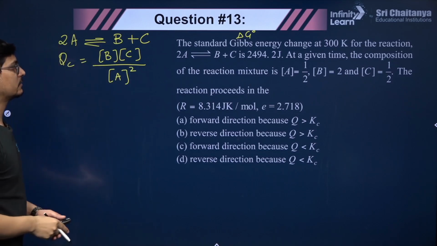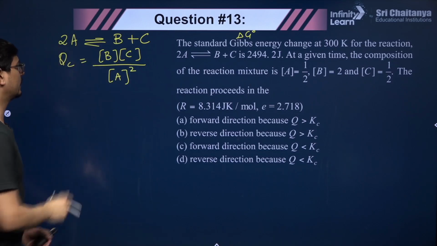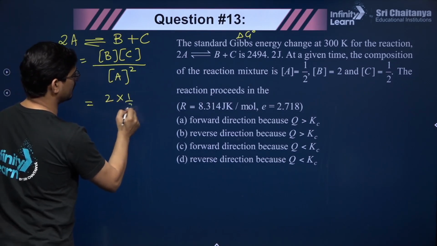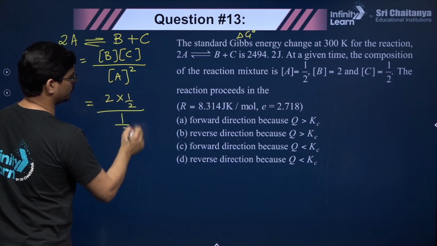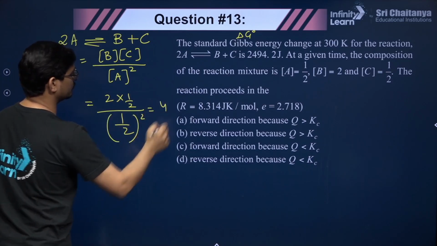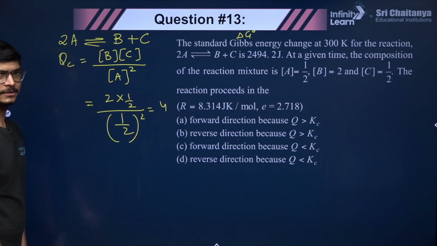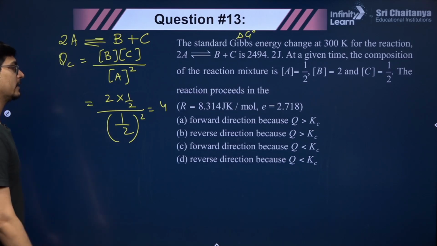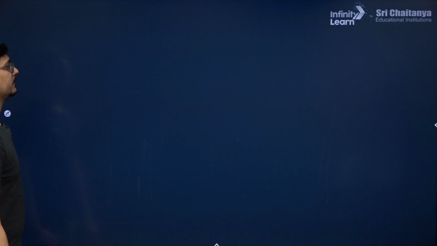So reaction quotient is concentration of B into C divided by A square. The concentration of B is 2, C is half and A is 1 upon 2 square. So this will be equal to 4, right? So Qc is 4. Now I just have to find out Kc and compare it with the Qc, right?